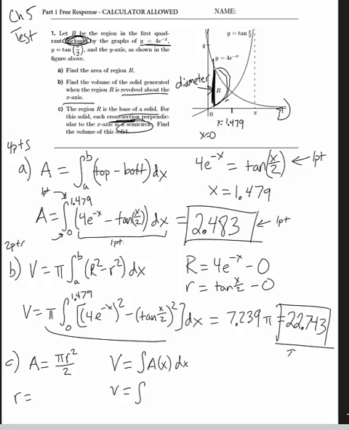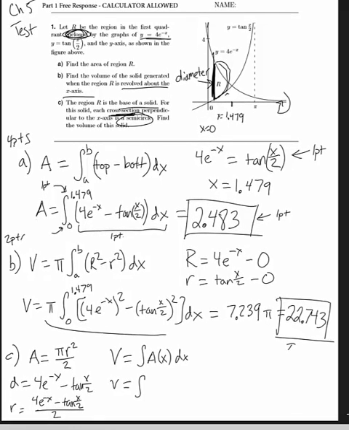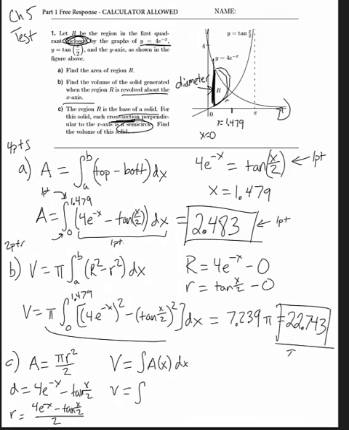So our diameter would be the top, 4e to the negative x, minus the bottom, tangent of x divided by 2. So the radius would be 4e to the negative x minus tangent of x divided by 2, all over 2. Now we plug that into our area formula.